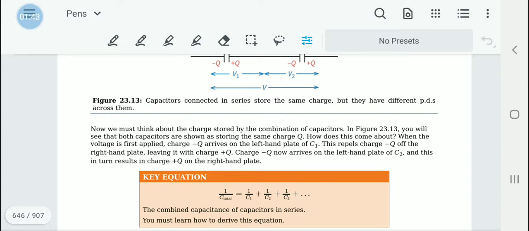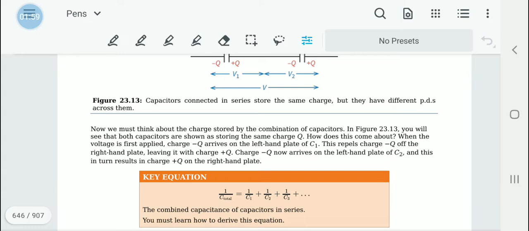Then if we think about the charge stored by the combination of these capacitors, we can see that they would be storing the same charge.